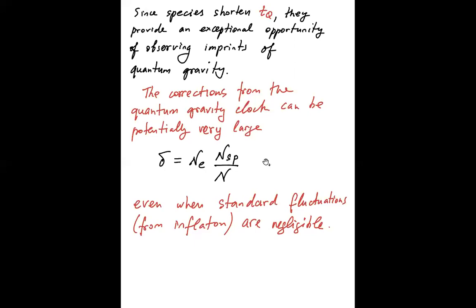In fact, the entire story of inflation may come from quantum gravitational effects. Density perturbations, for instance, can come from this type of effect. At the same time, if the number of species is sufficiently large, the standard fluctuations coming from the inflaton field can be completely negligible. So the entire story may come from quantum gravity.